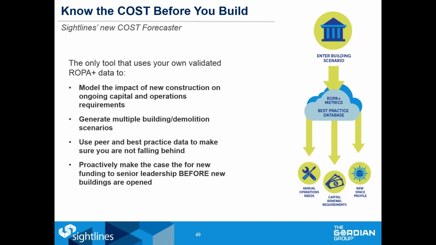If you have plans to add a new classroom facility, cost forecaster allows you to estimate the operating requirements and the capital needs for that space going forward. You can do the same thing for demolishing or removing spaces, and you can create and save numerous different scenarios based upon your actual data that we collect at your institution. This was actually just launched in January, and we're really excited about it.